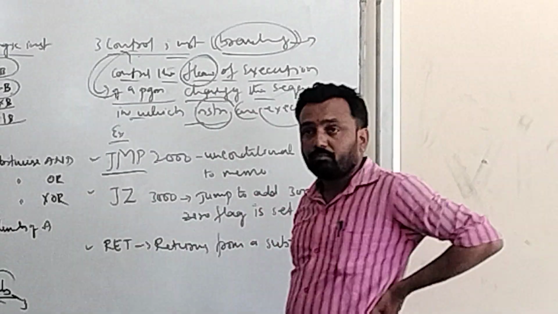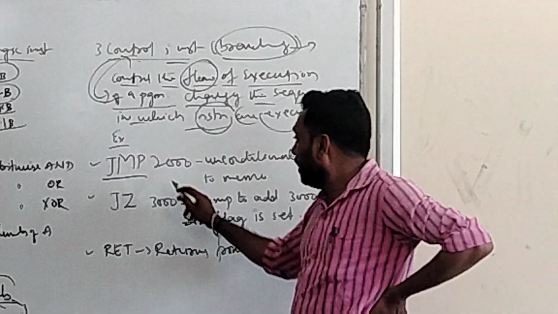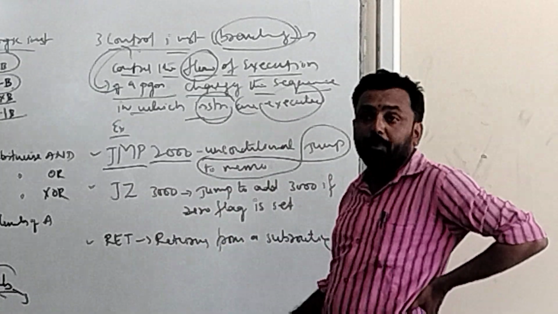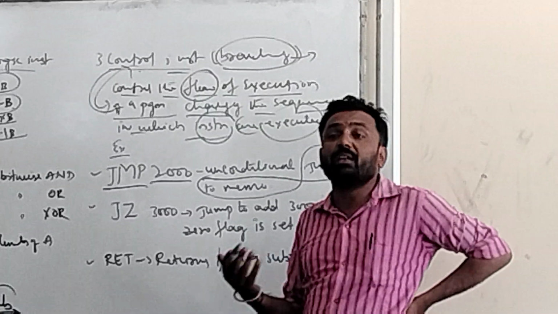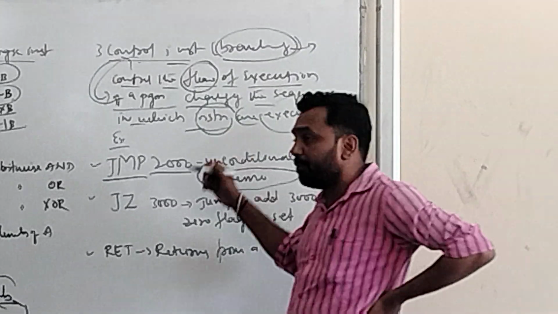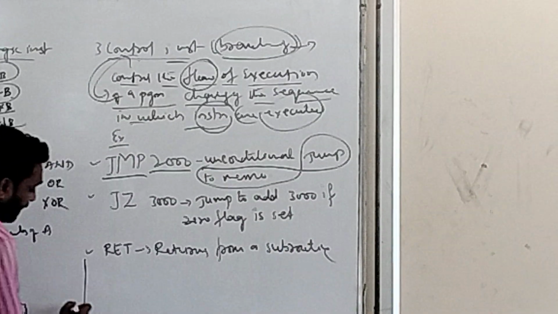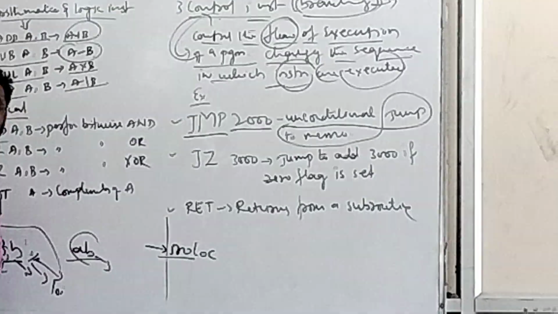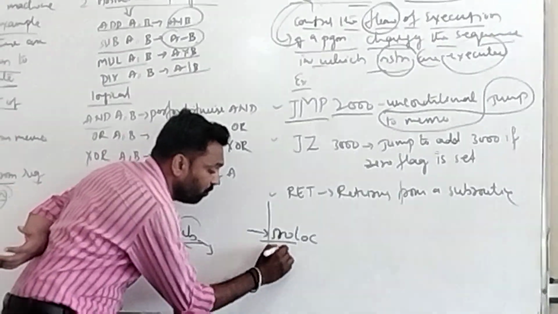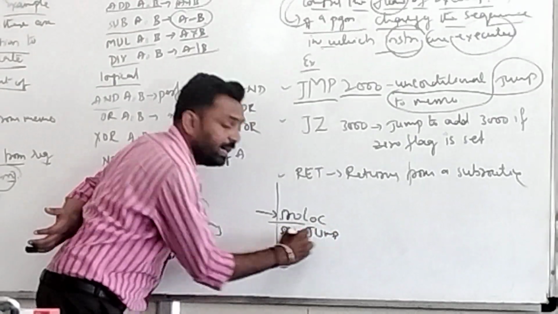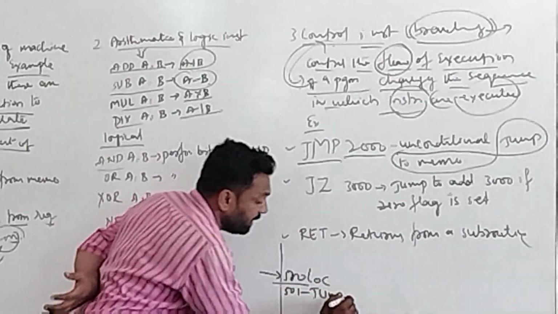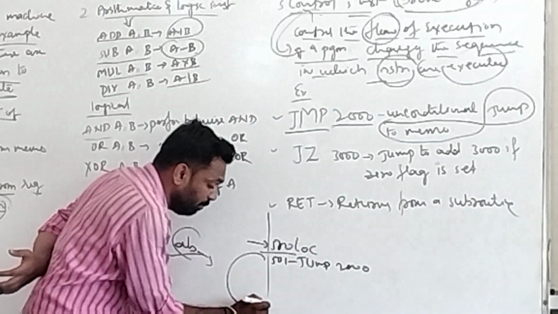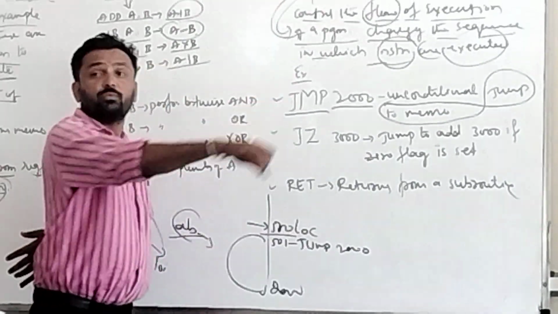For example, JMP 2000, this is an unconditional jump in memory, right? So this is unconditional, there is no condition. When your program is under execution, for example, if your program is executing 500 lines of code, after line 501, if you use jump 2000, at that time your cursor can directly move to line number 2000.